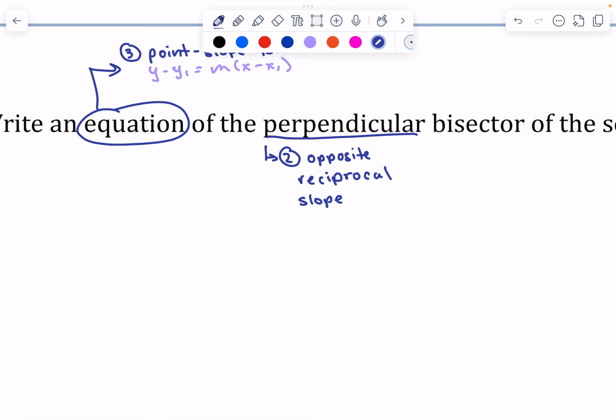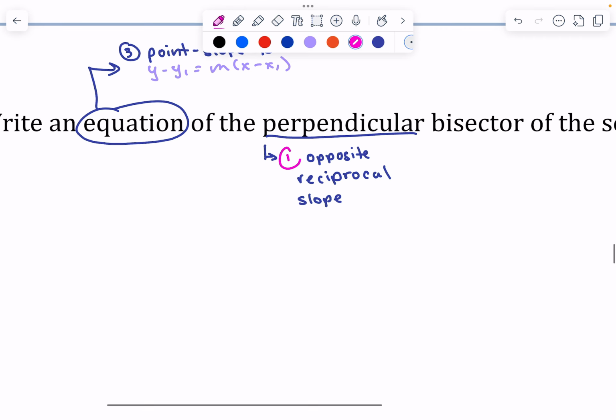So if I have a slope of 1/2, that's going to become -2. If I have a slope of 2/7, that's going to become -7/2, and so on. That's the idea there. Then that should actually be step 1, although it doesn't really matter which of these next two you do first.